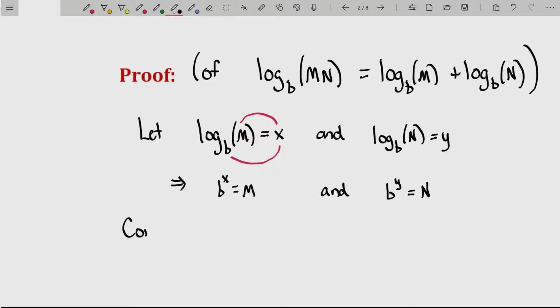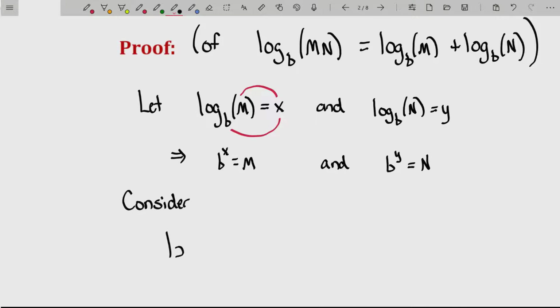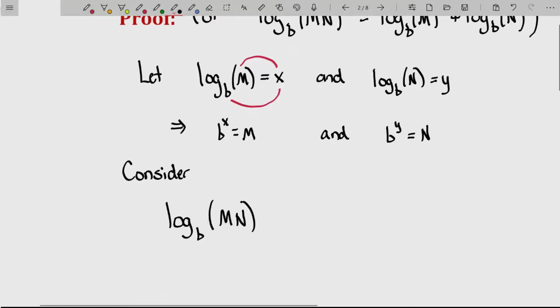Let's consider log base b of the product m times n. Well, we happen to know that, from our designations right here, m is equal to b to the x and n is equal to b to the y.